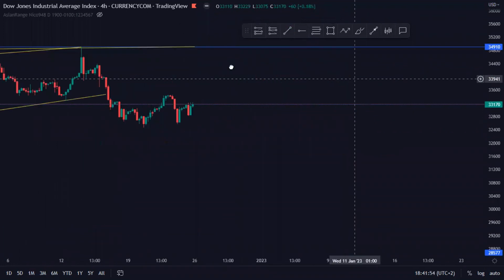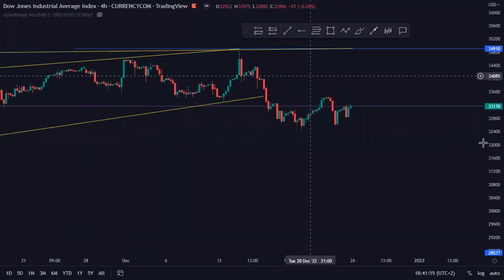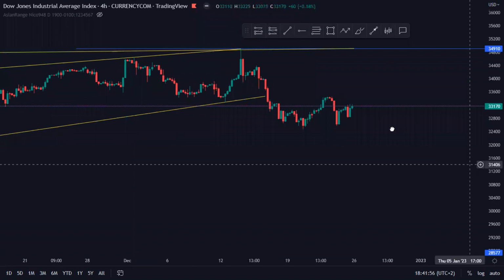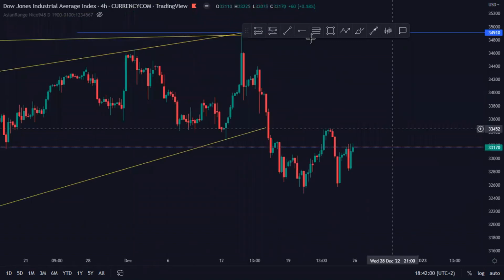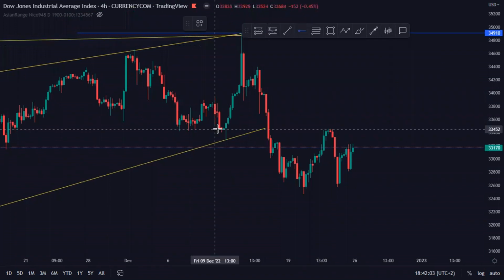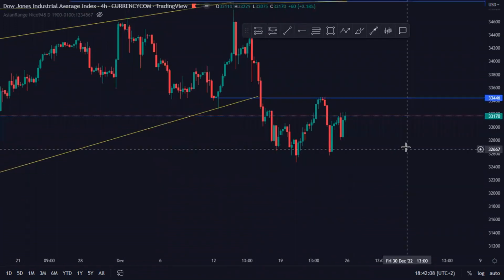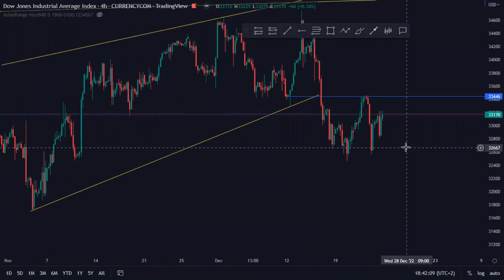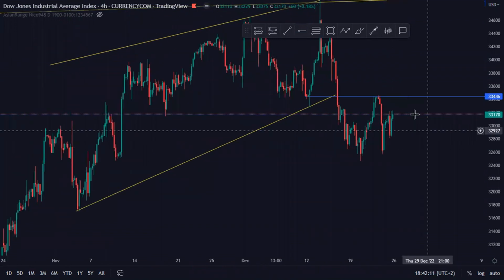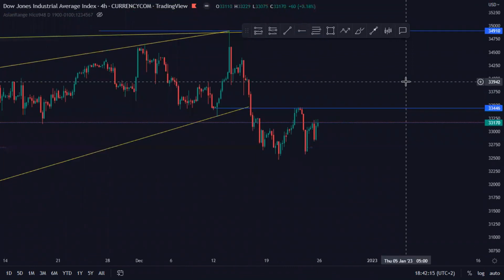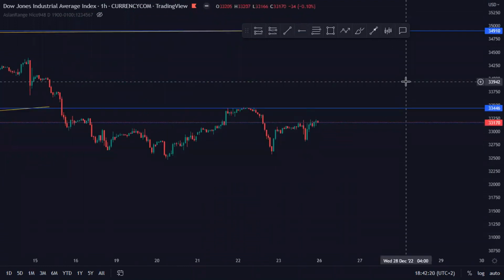As you all can see, US30 came back to this area here and retested it. Now that's very interesting. So let's dive into our H1 and see price more clearly.